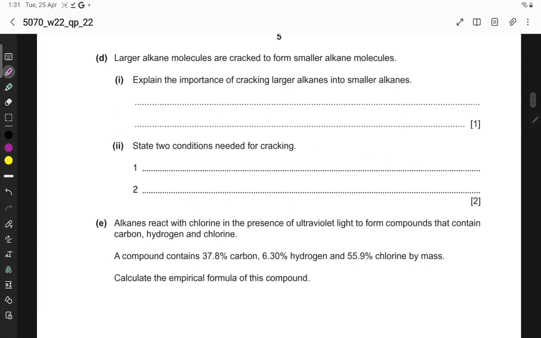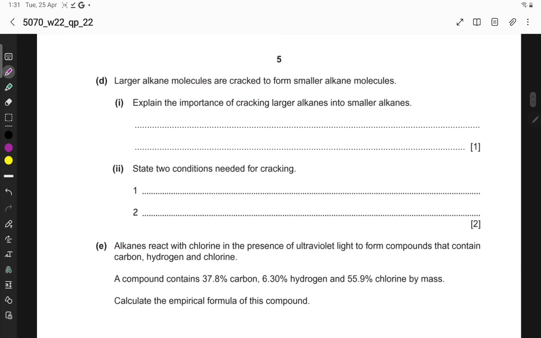Larger alkane molecules are cracked to form smaller alkane molecules. Explain the importance of cracking larger alkanes into smaller alkanes.